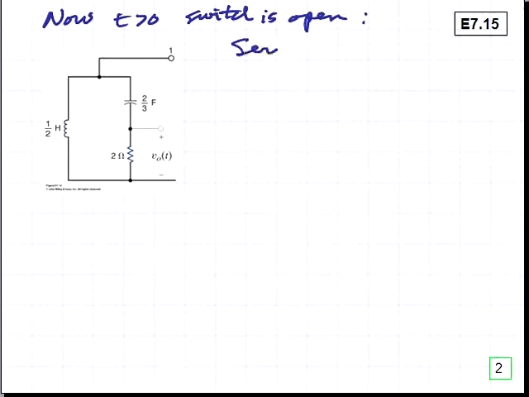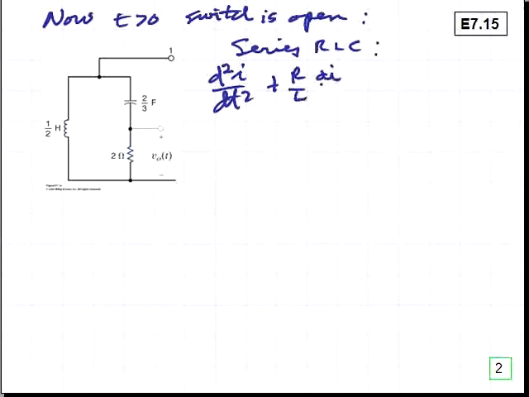We have a series RLC configuration of elements, and the appropriate differential equation would be d squared i dt squared plus R over L di dt plus i over LC is equal to 0, where the i of t that we're describing is circulating in a counterclockwise fashion.